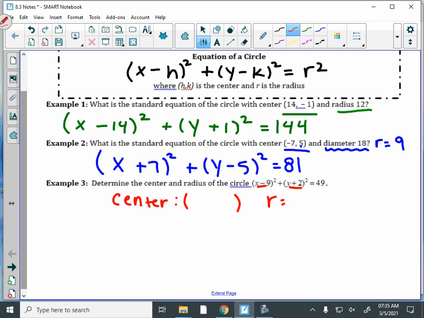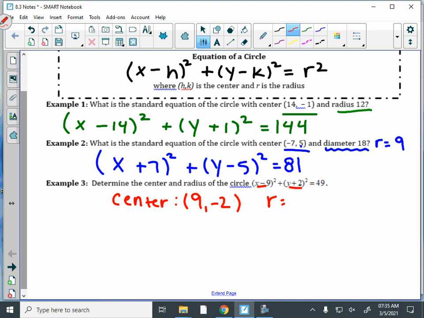If it's negative, when we take it out, it turns positive. So it's a negative 9. We put it into the point, it becomes positive 9. Whatever's with the y is the y value of your center, but if it's positive, it's going to turn negative. So that's a positive 2, so it turns to a negative 2.